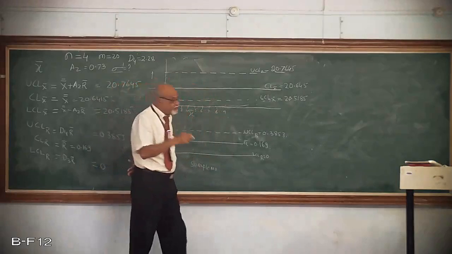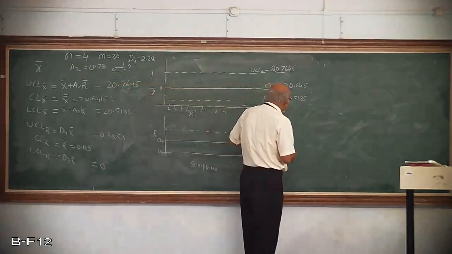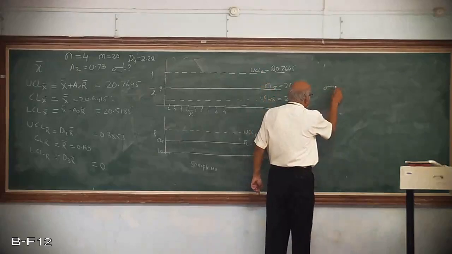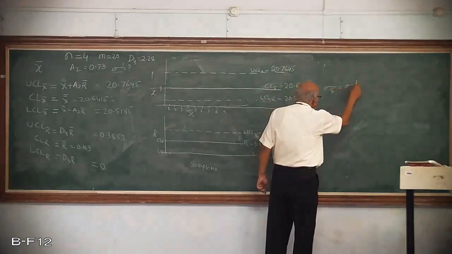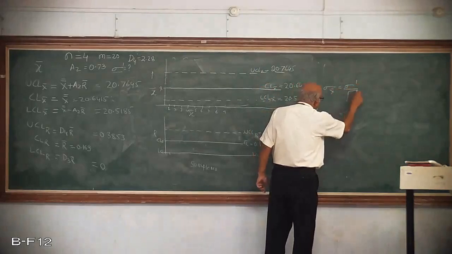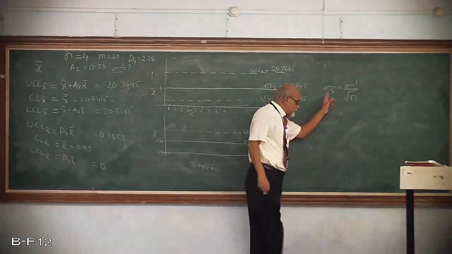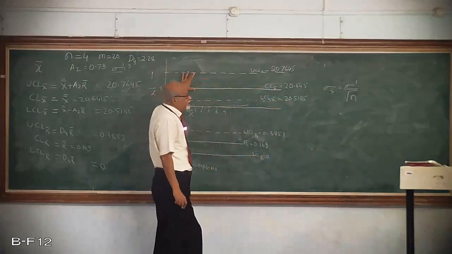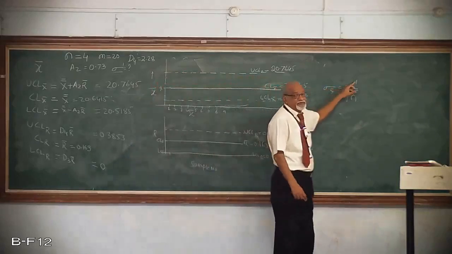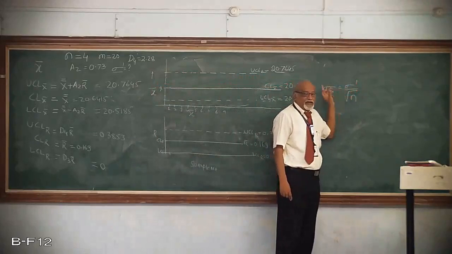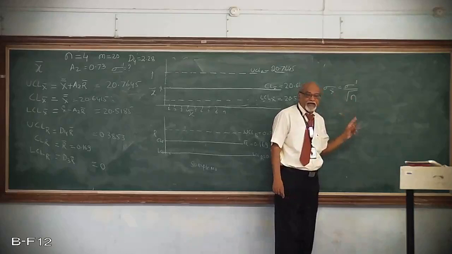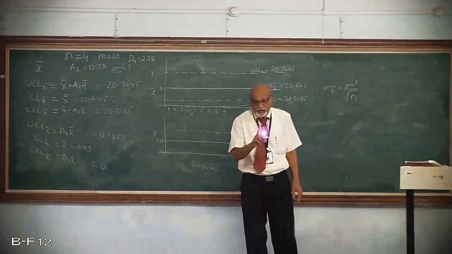Because we have seen, that is how we estimated even this sigma x bar, because we know that sigma x bar is equal to sigma prime divided by the square root of n. So sigma x bar is always less than sigma prime. Sigma x bar is equal to sigma prime only when the sample size is 1.